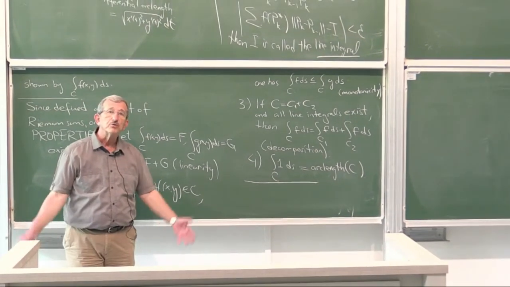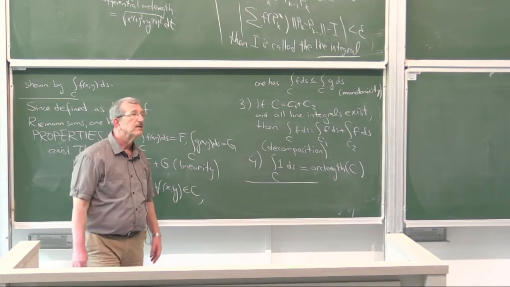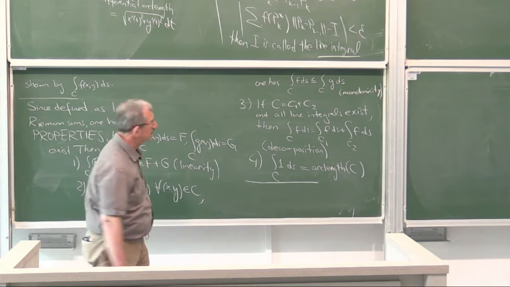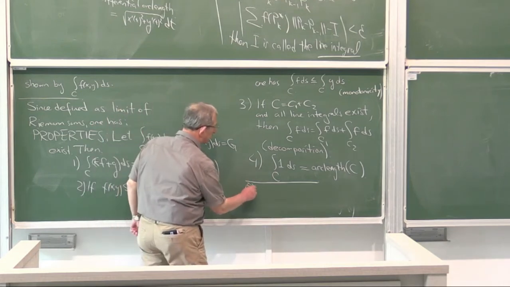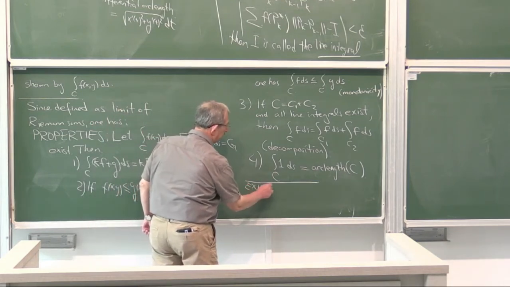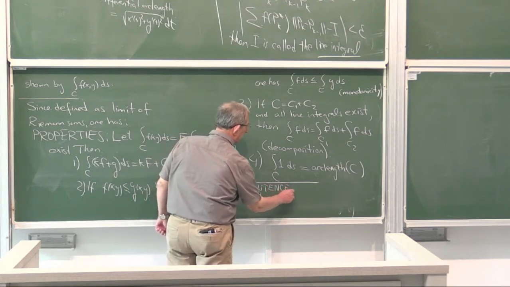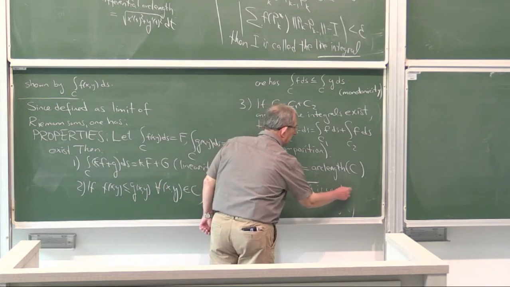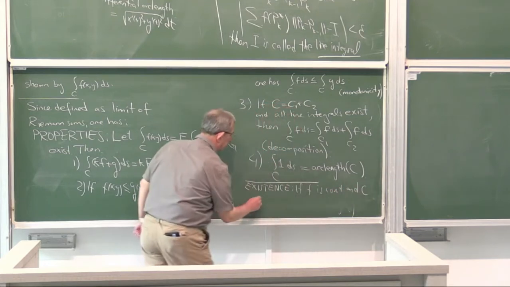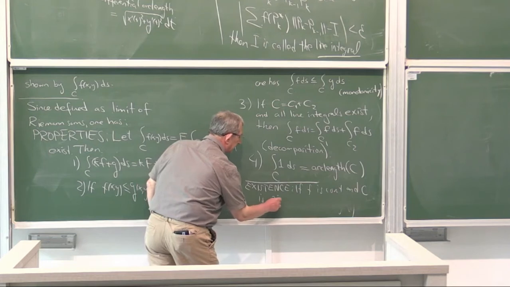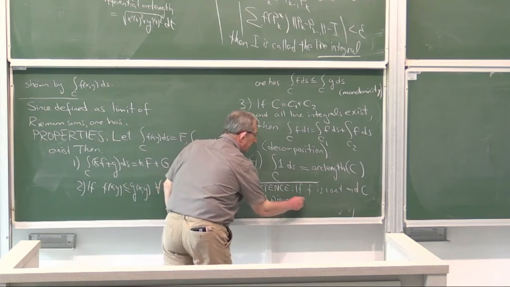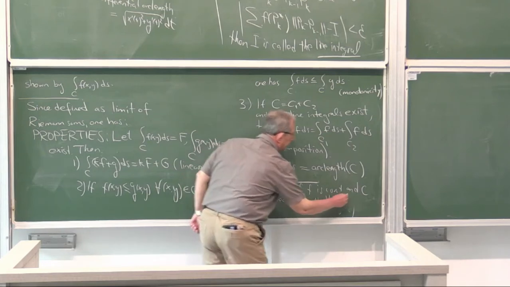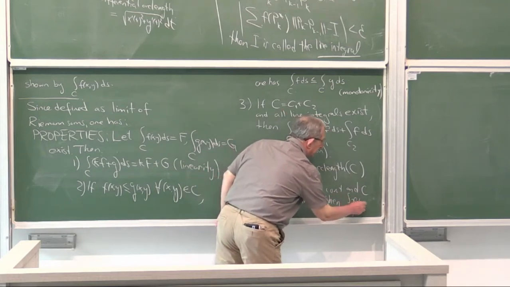That is, if f is continuous and C is piecewise smooth, then the integral over C of f ds exists.